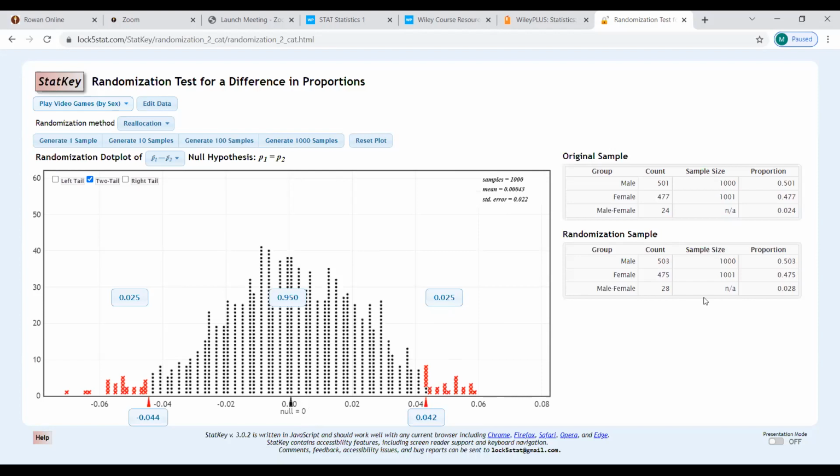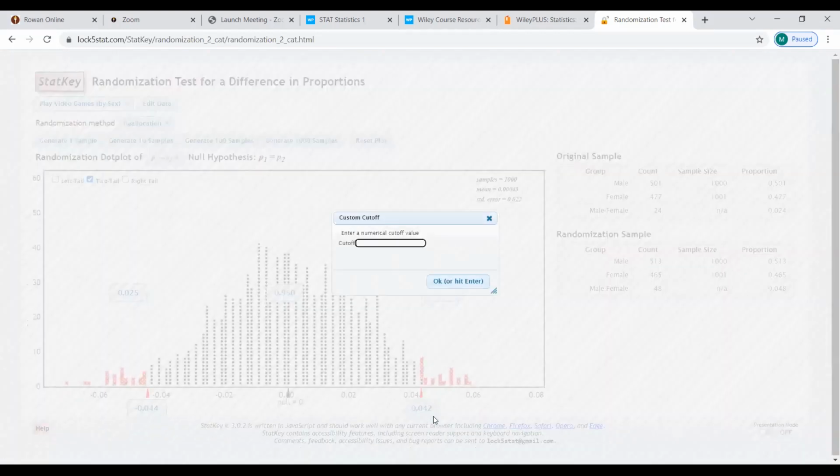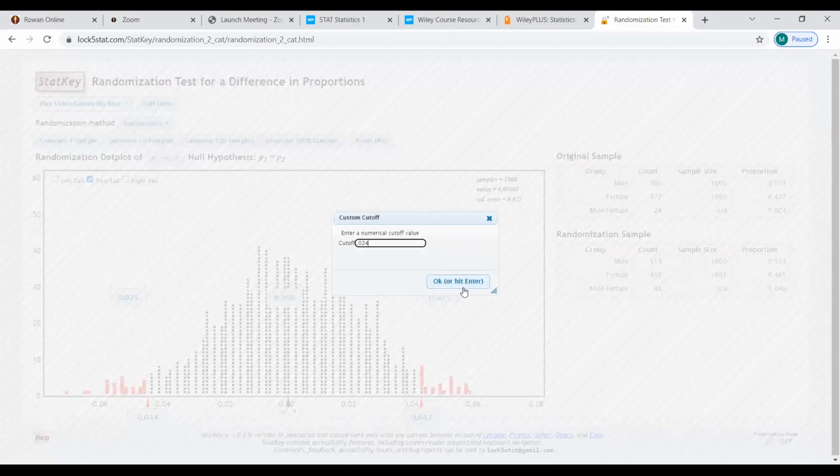But the sample actually has a positive number. Now, if it was negative, we would change this left tail number here. But since the difference of proportions is positive, we're going to go to the right tail, this one here, and change that to 0.024. Okay, we'll click OK.